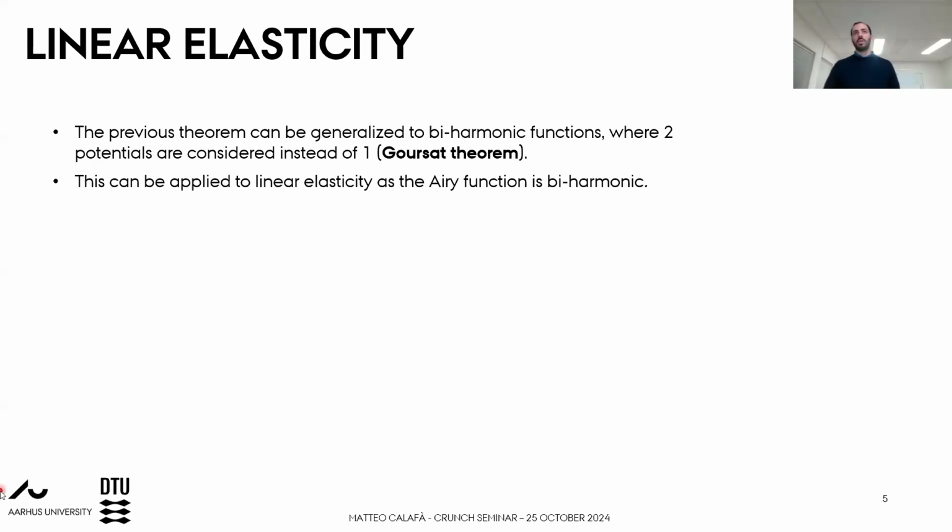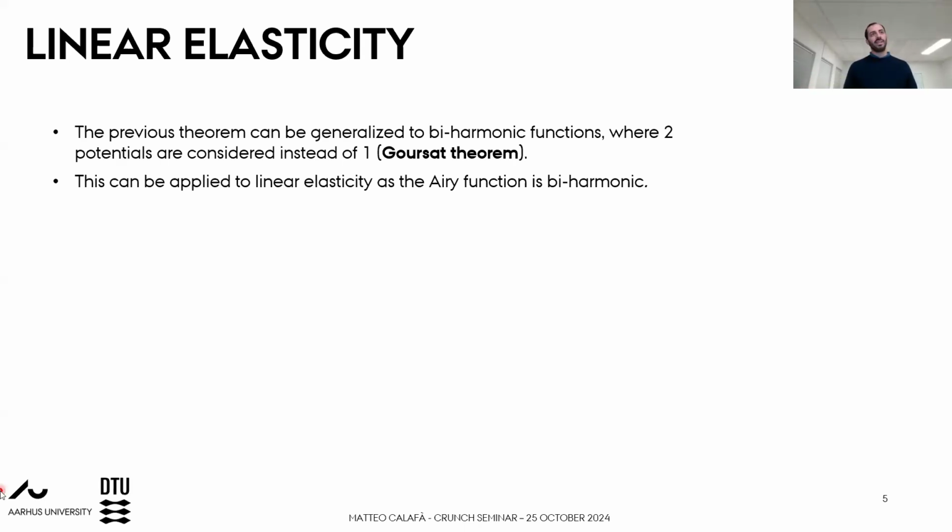So we mentioned the Airy stress function. We said that the Airy stress function must be biharmonic in order to satisfy the linear elasticity problem. Therefore, we can apply this complex representation to the Airy stress function. And since we can automatically get stresses and displacements from the Airy stress function, theoretically we can get the stresses and displacements in terms of complex potentials.